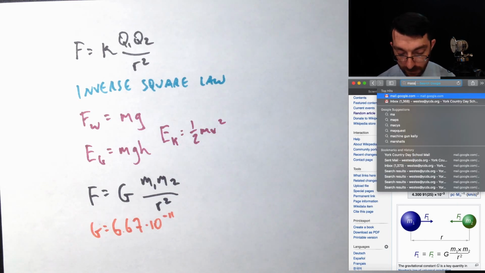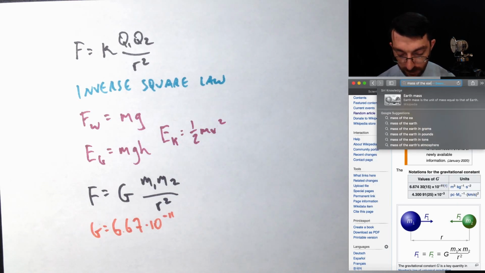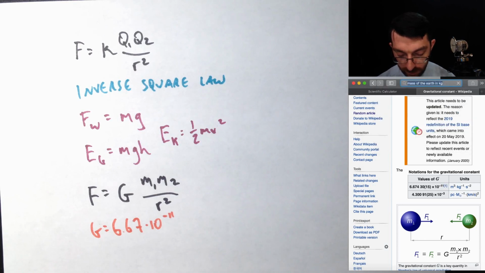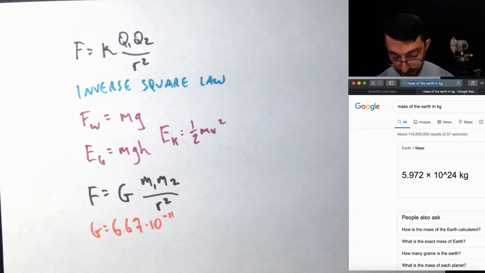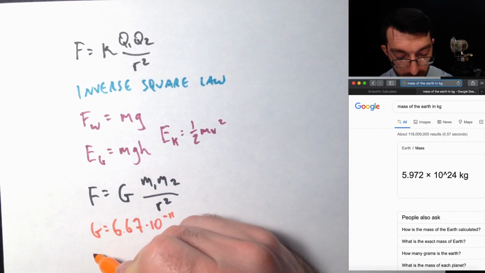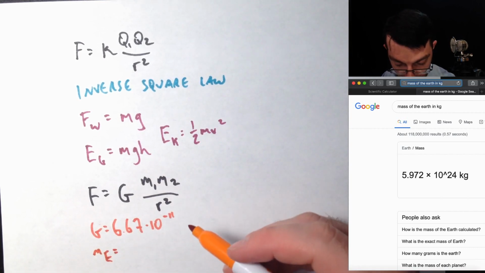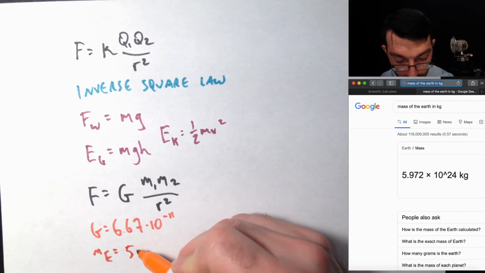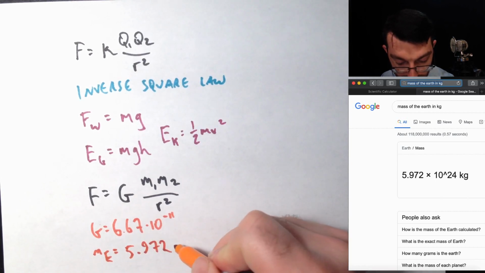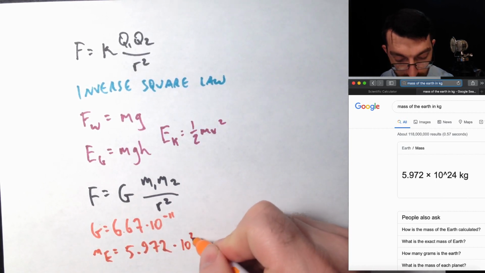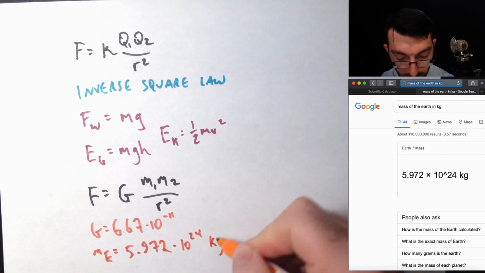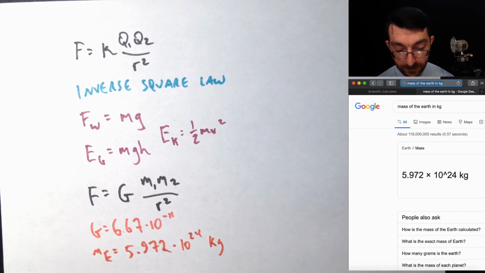So, mass of the Earth in kilograms. It's a lot. So let's go ahead with that. The mass of the Earth is 5.972 times 10 to the 24th kilograms.